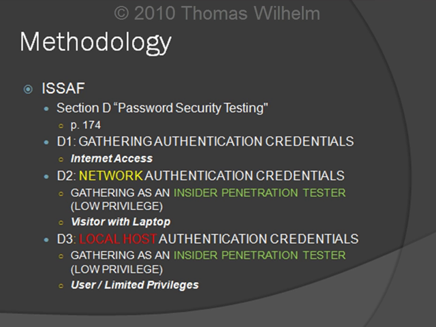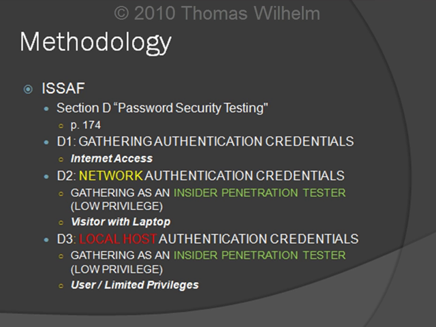But the ISSAF outlines 6 possibilities. It goes from the least privilege to the greatest privilege. It starts off with just simple internet access, where you're trying to glean information, just connecting to the web service or whatever service they provide. The next step is something similar to basically a visitor with a laptop.